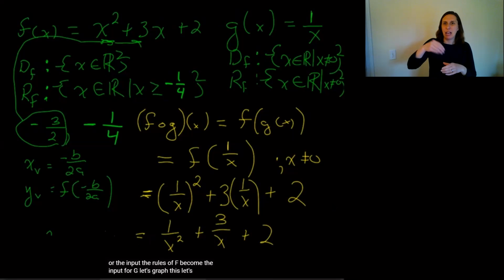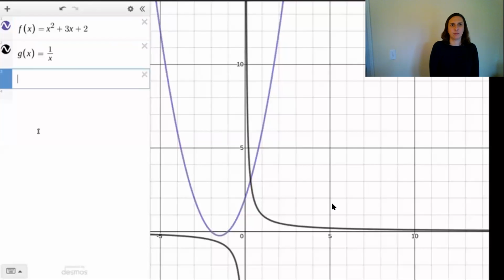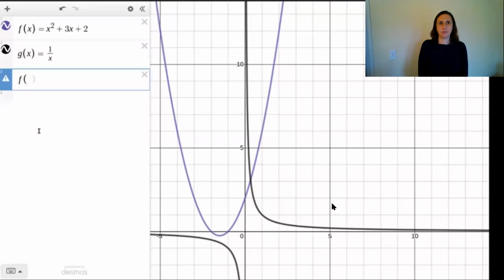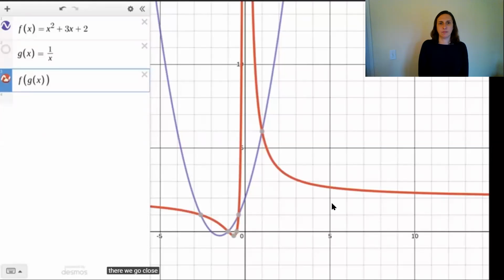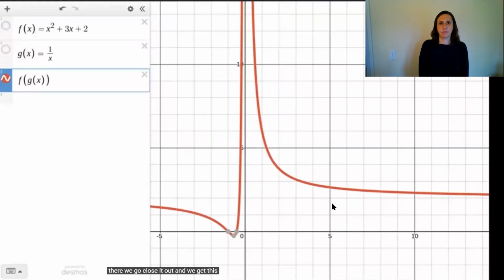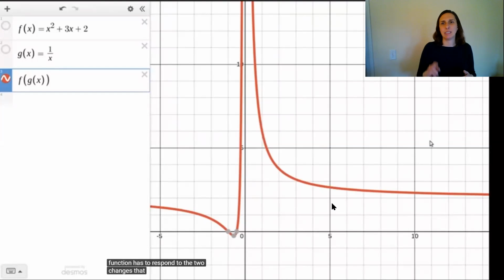Let's use our software to graph this. There we go. And we get this complicated graph happening because the function has to respond to the two changes that are going on.